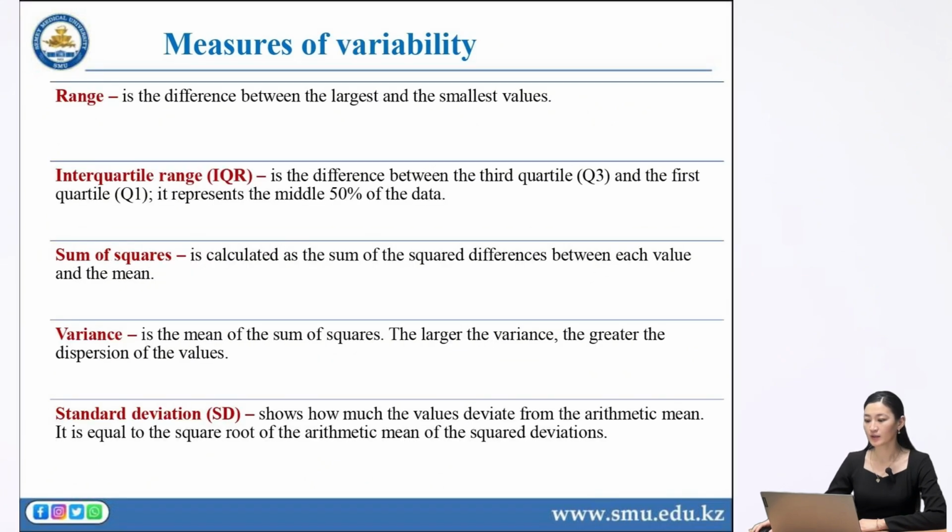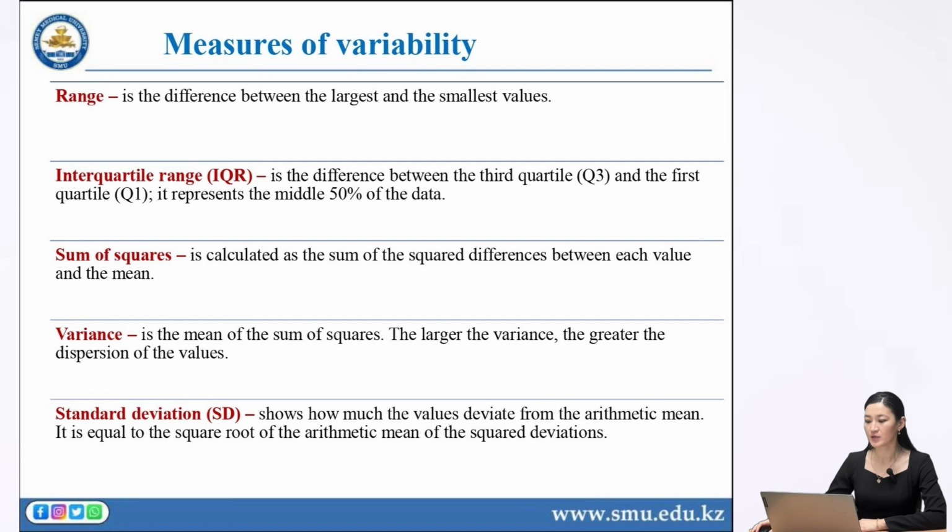Let's now look at how to measure the spread of data. Range is the difference between the largest and the smallest values. Interquartile range is the difference between the third quartile and the first quartile. It covers the middle 50% of the data. Sum of squares is the sum of all squared differences between each value and the mean.